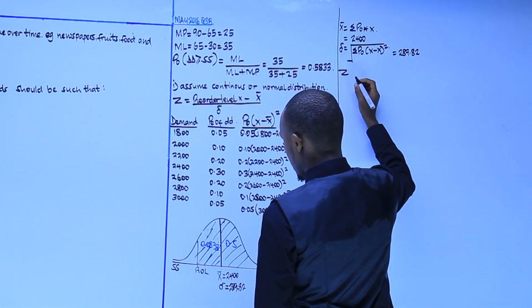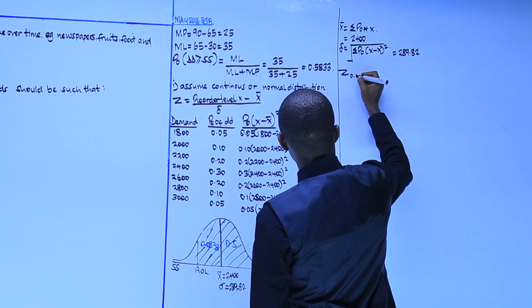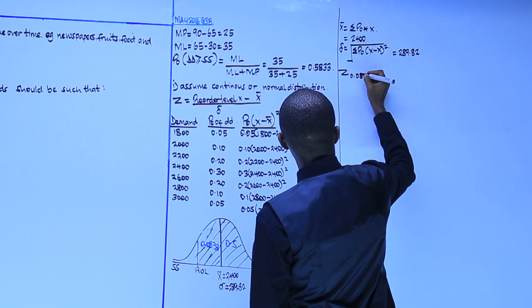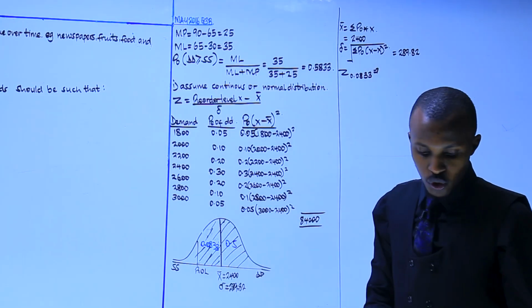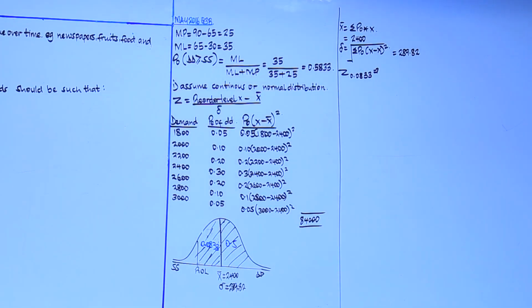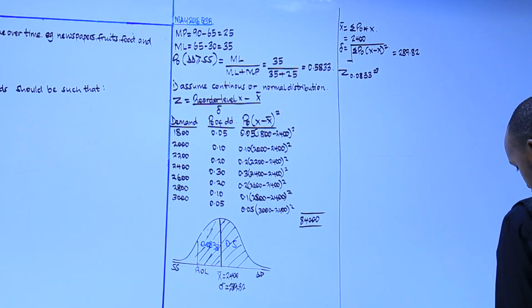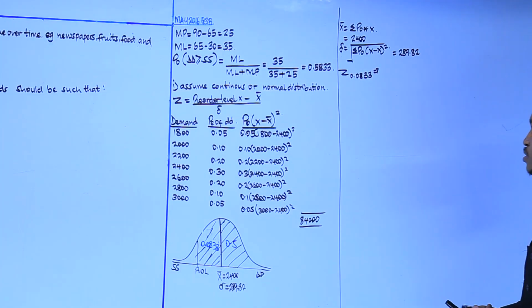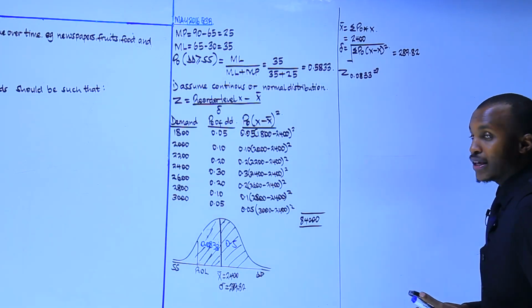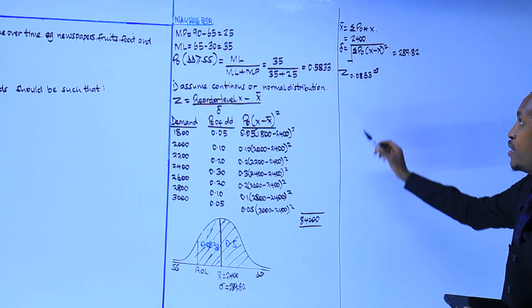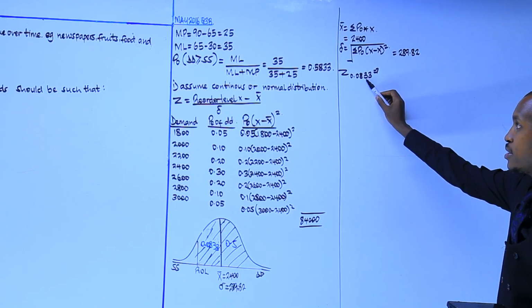So let's go to our Z tables. Our Z, you want how much? With the probability of 0.0833. This is probability, so you're going to read outside the Z tables. From your normal distribution table, you go inside the table because you have a probability of 0.0833.